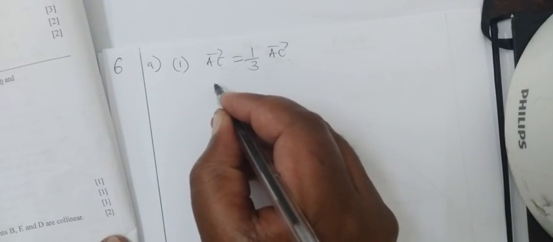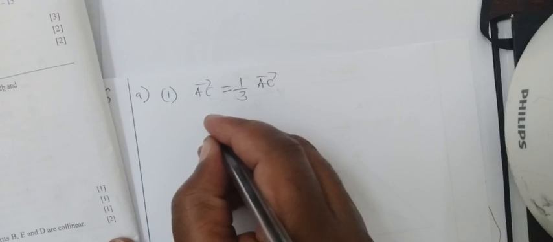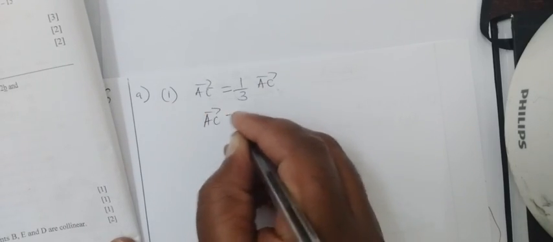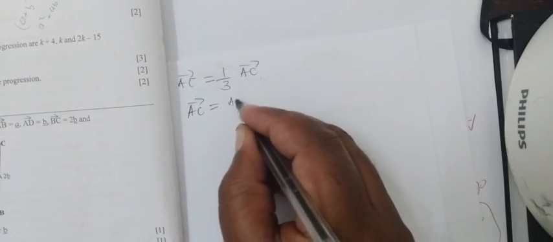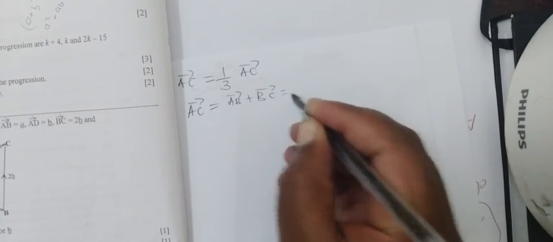What is AC? So we are going to say, to find the AC, you move from A to B, B to what? C. So you're going to say AB plus BC. What is AB?